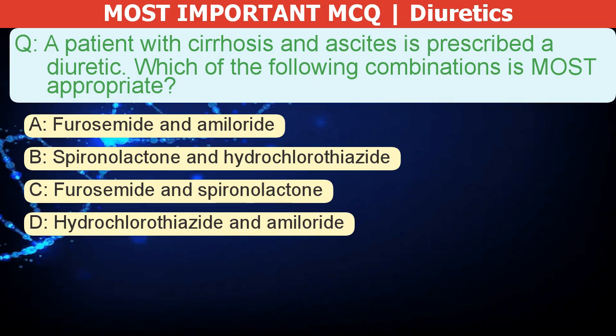A patient with cirrhosis and ascites is prescribed a diuretic. Which of the following combinations is most appropriate? A. Furosemide and amiloride. B. Spironolactone and hydrochlorothiazide. C. Furosemide and spironolactone. D. Hydrochlorothiazide and amiloride.